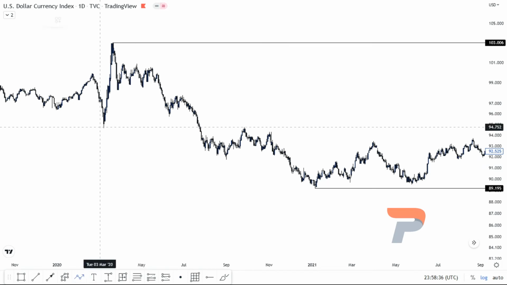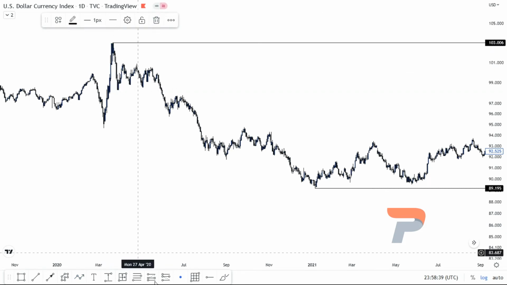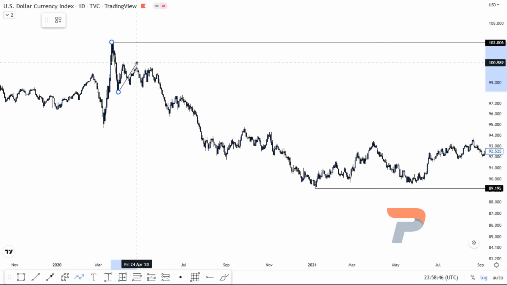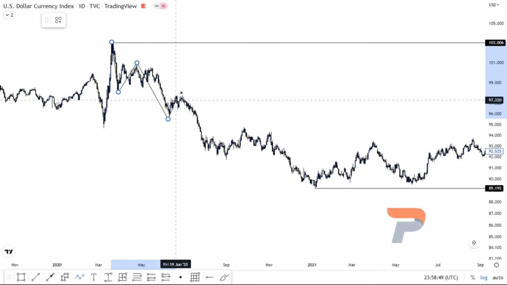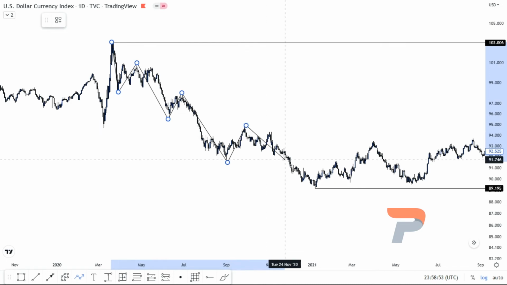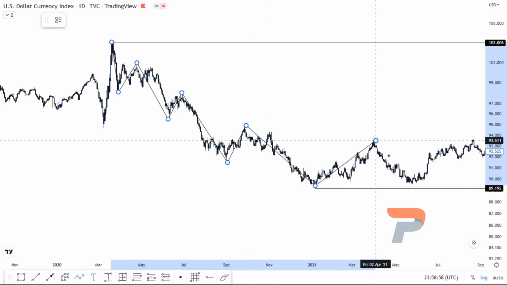So from this place, the market can form this lower low, form this lower high, lower low, lower high, lower low, lower high, lower low, lower high.